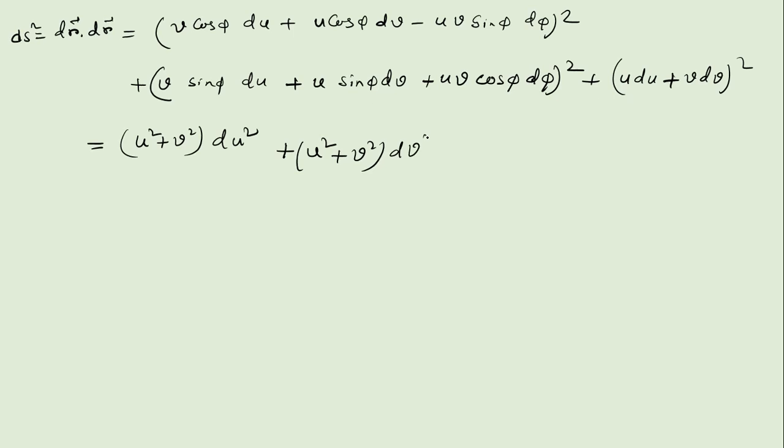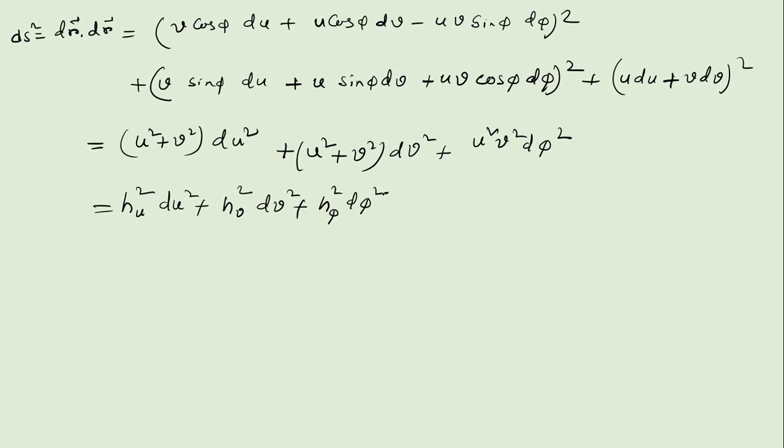And these two terms give you u square v square d phi square. So this is h u square du square, h v square dv square, h phi square d phi square. So you will get h u equals root under u square plus v square, h v equals root under u square plus v square, and h phi equals uv.